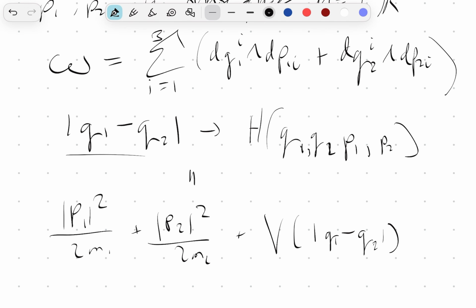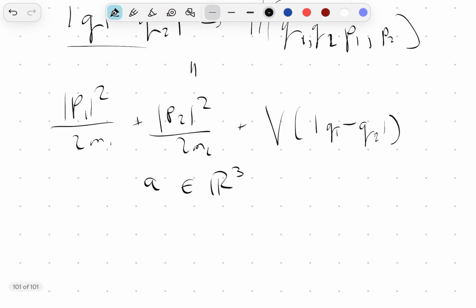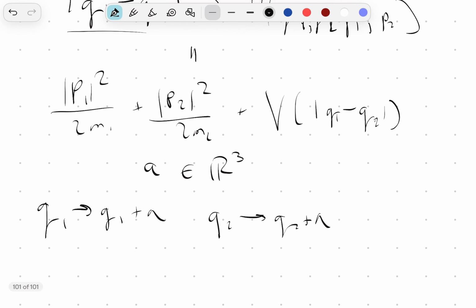Now, consider translating both of the particles by the same vector A. If we translate them, let's say we send Q1 to Q1 plus A and Q2 to Q2 plus A. This leaves the separation vector Q1 minus Q2 unchanged, right?